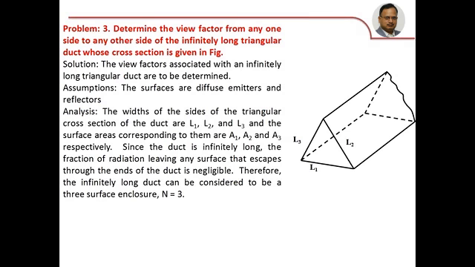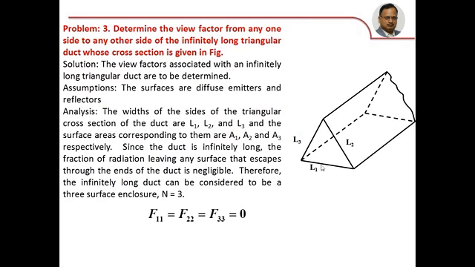The duct is long, so any radiation that escapes to the ends of the duct is negligible. Therefore the infinitely long duct, which we have not shown, can be considered to be a 3 surface enclosure, L1 into infinity, L2 into infinity, L3 into infinity long. N is equal to 3.